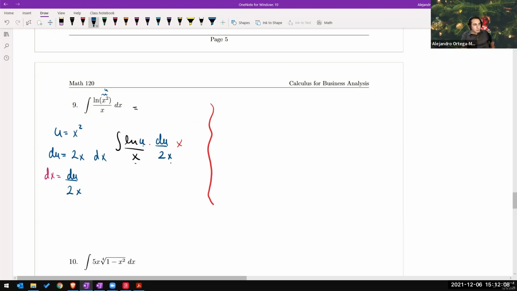I'm thinking that, okay, well, maybe the ln of x squared. Let's see. Maybe it works, maybe it doesn't. So what is the derivative of the ln of x squared? And again, remember, guys, the derivative of the ln of u is 1 over u times the derivative of u.